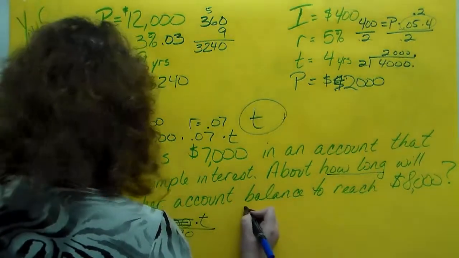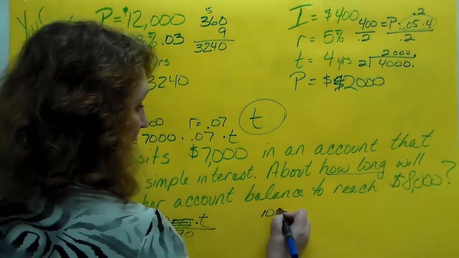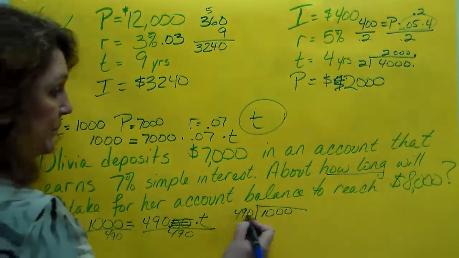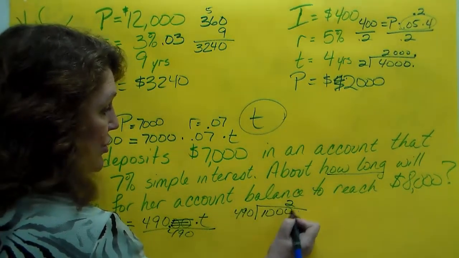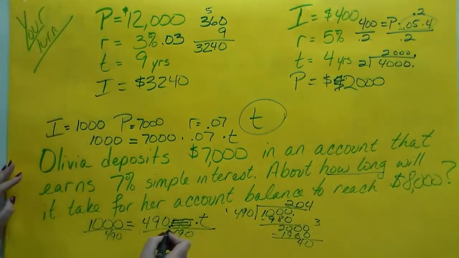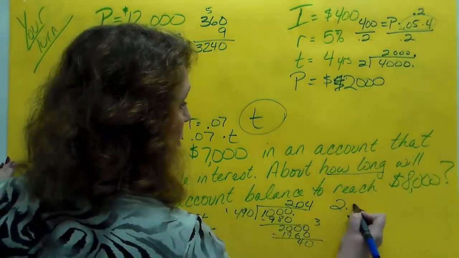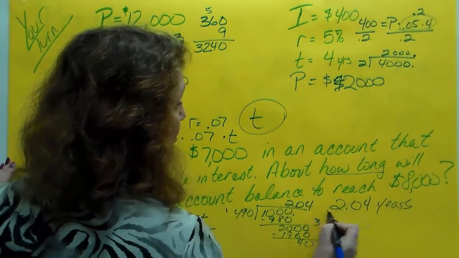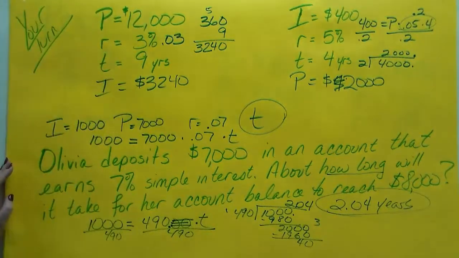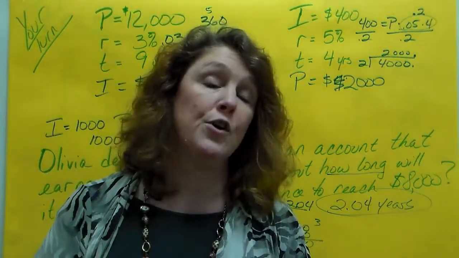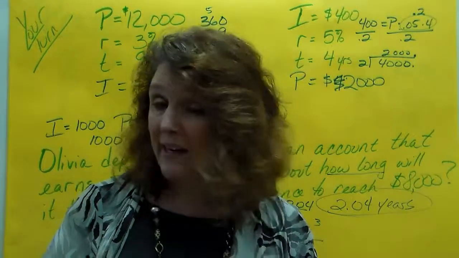And I'm going to see how many times 490 goes into 1,000. 490 goes into 1,000 2 times, and that's 40. So we've got 2.04 years. And if we rounded that to 2 years, that would be fine. But that's how long it's going to take for her to have $8,000 in that account.